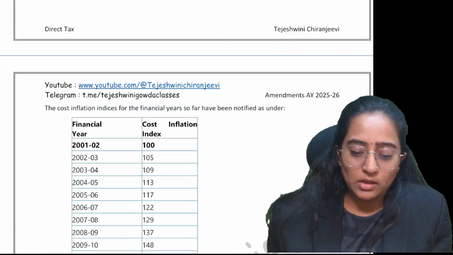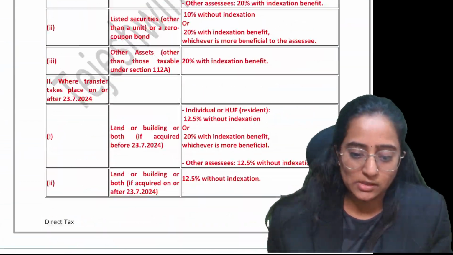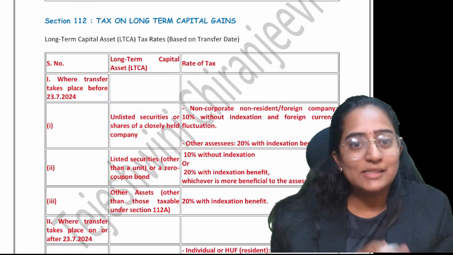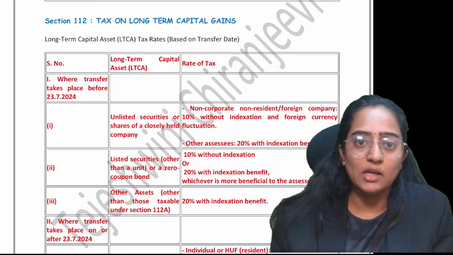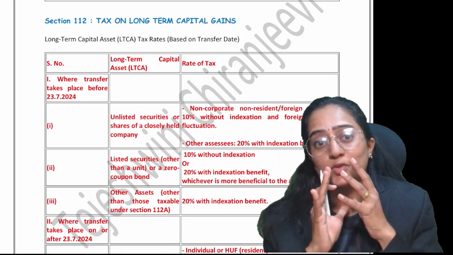Let's look into section 112. Section 112 states the long-term capital gain tax rate which was supposed to be in general.